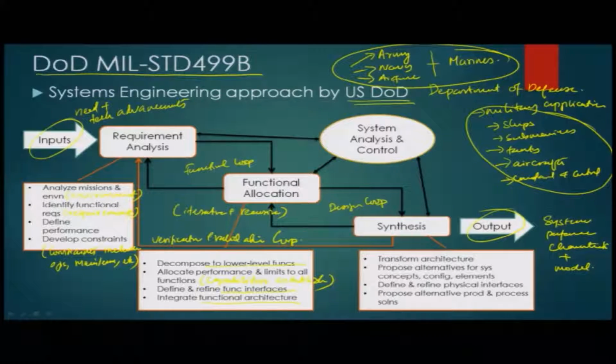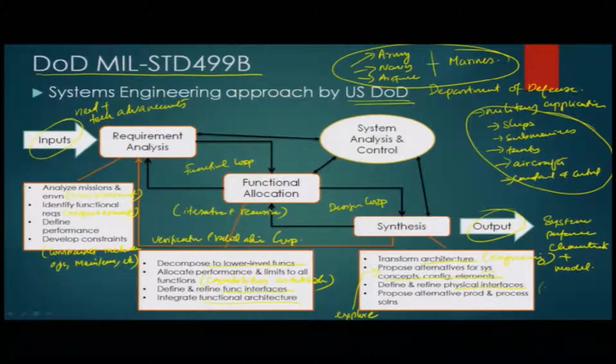And the last part is the synthesis, where you transform the architecture. So, this is where the engineering aspect comes into picture. You are transforming the architecture into an engineering architecture, and you also do the alternatives for system concept, configuration and elements. So, here is the exploration part of it, and define and refine physical interfaces, because many a times what happens is military system will have very complex subsystems.